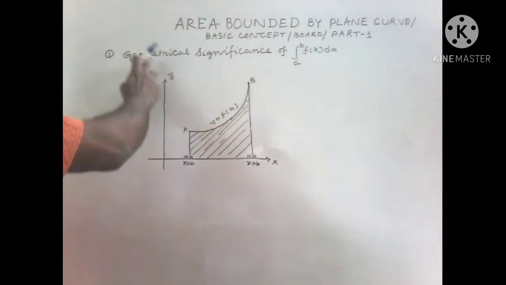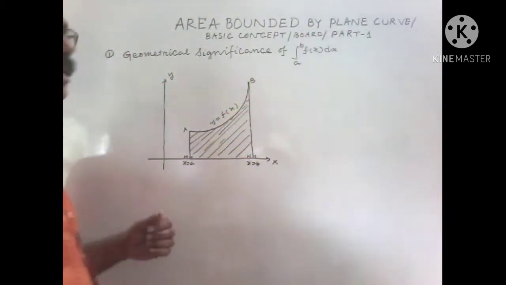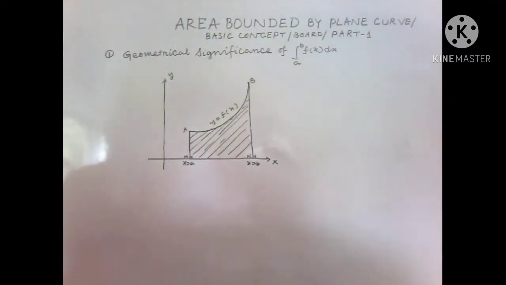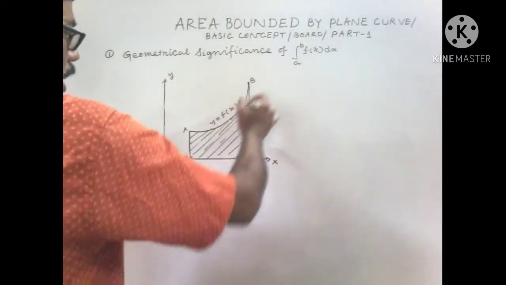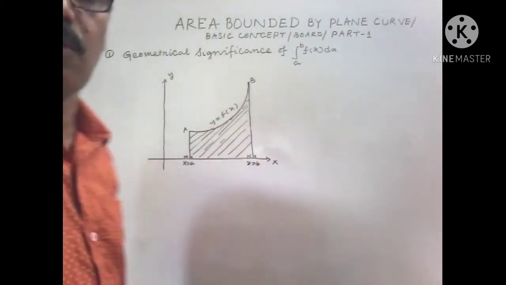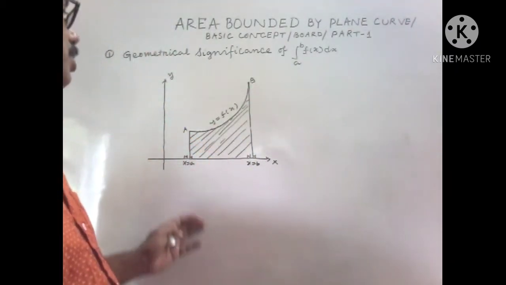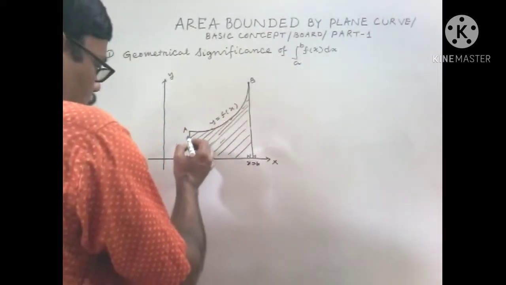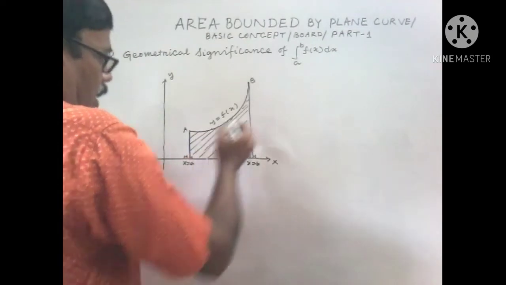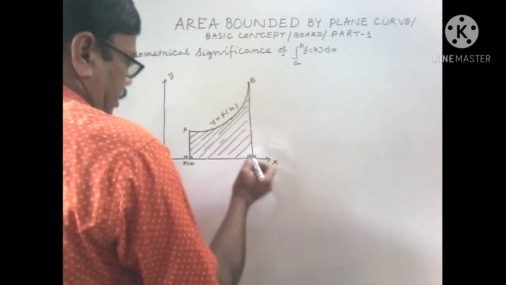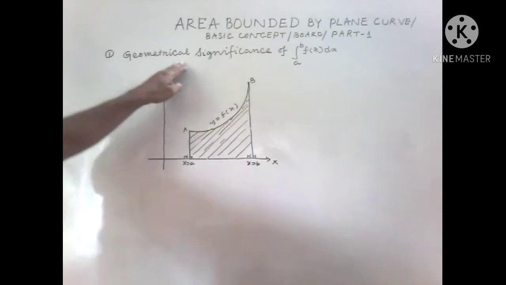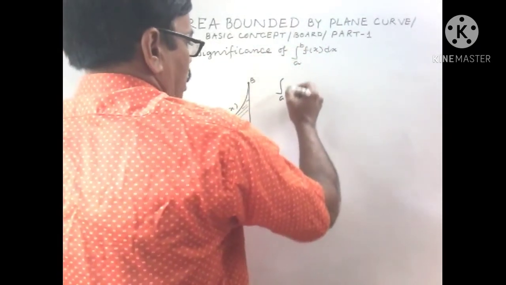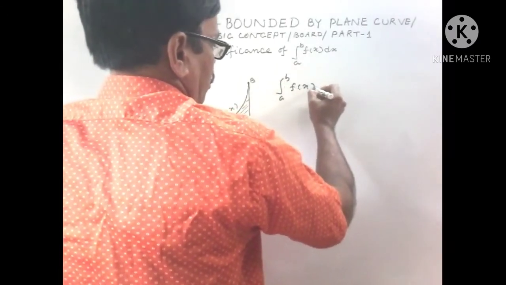Now what is the geometrical significance of integration a to b f(x) dx? So y equals f(x) is a curve. We do not know the form of f(x). It may be a straight line, parabola, any curve, and it is bounded by x equals a, x equals b, and the x-axis.